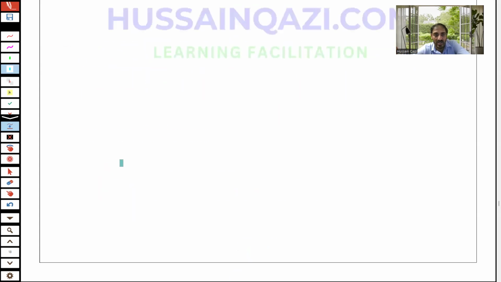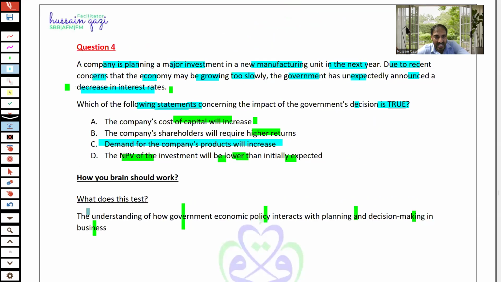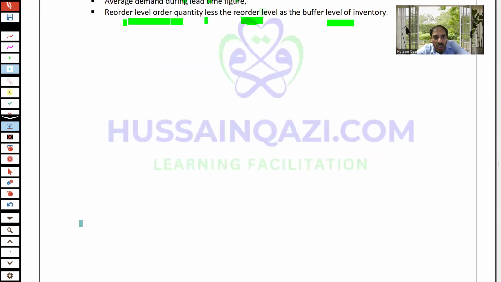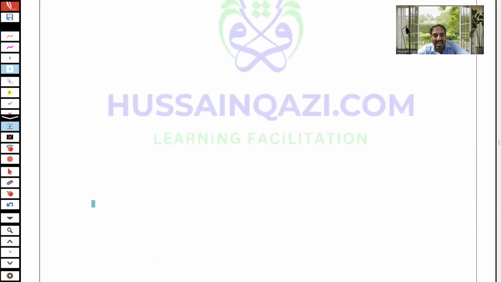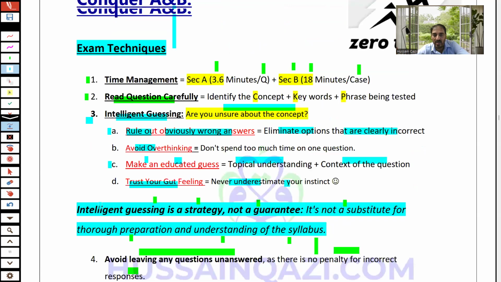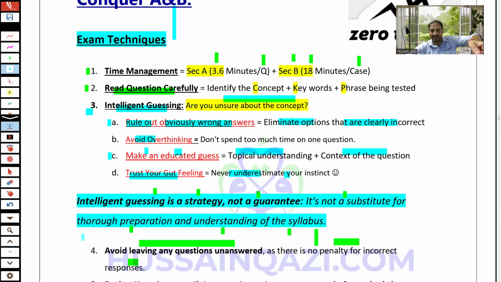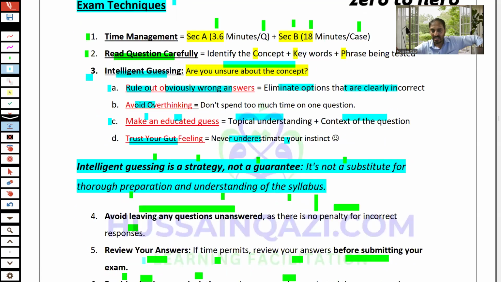So this is about section A type questions, where I have guided you on the right way to attempt the question. I have tried my best to discuss all these exam techniques here, even with the last question, intelligent guessing.